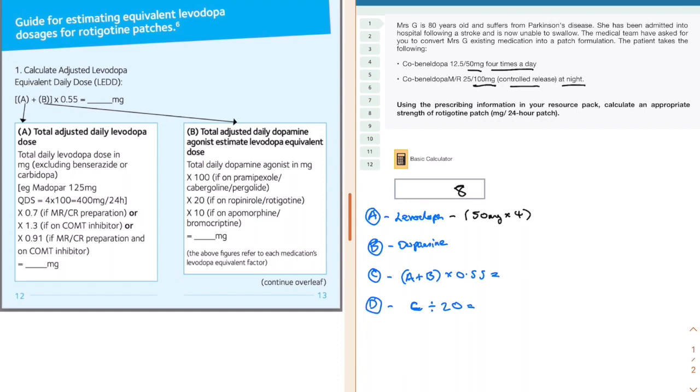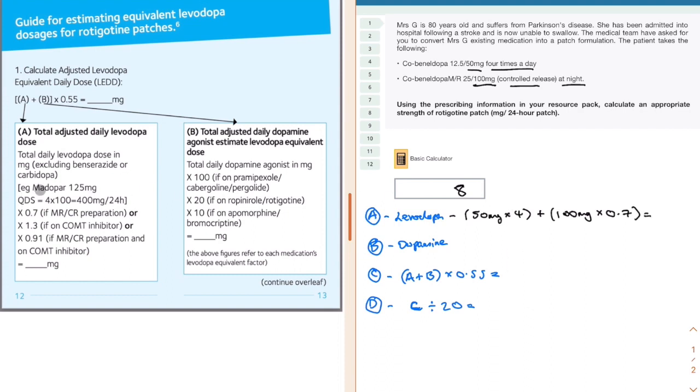That's the levodopa content we're looking at, and we're going to add to that the 100 milligrams of levodopa in the controlled release preparation, and we're going to multiply that. If you look over on your left here in the first box, you need to be aware that for the MR preparation you multiply it by 0.7. So we're going to multiply that by 0.7 to get our answer.